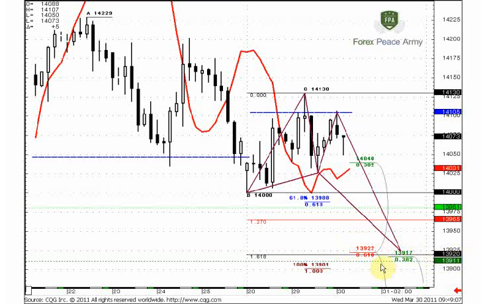So you can see that the third target coincides in the same area. This is very important. If the market takes out these lows and continues to move to the downside, then the trend shifts bearish, and in this case I will be waiting for this area to be reached. If you're an intraday trader, you possibly can enter on the short side, but only after the market breaks this low around 140.25. And here I explain why.